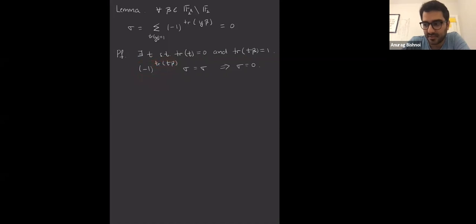And if you multiply it and you take these terms inside, then because trace is linear, trace of a plus b is trace of a plus trace of b, and then the trace of T is 0. So if you just plug this in here, you'll realize it doesn't change the sum.